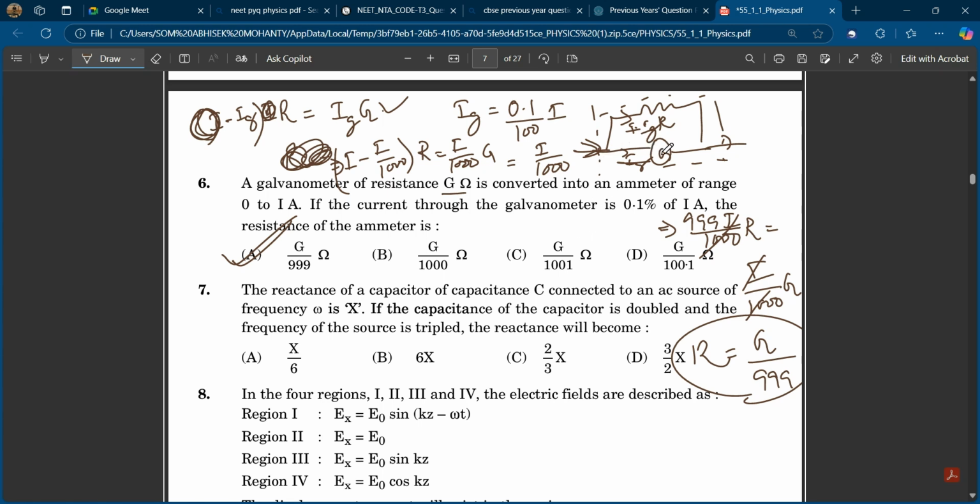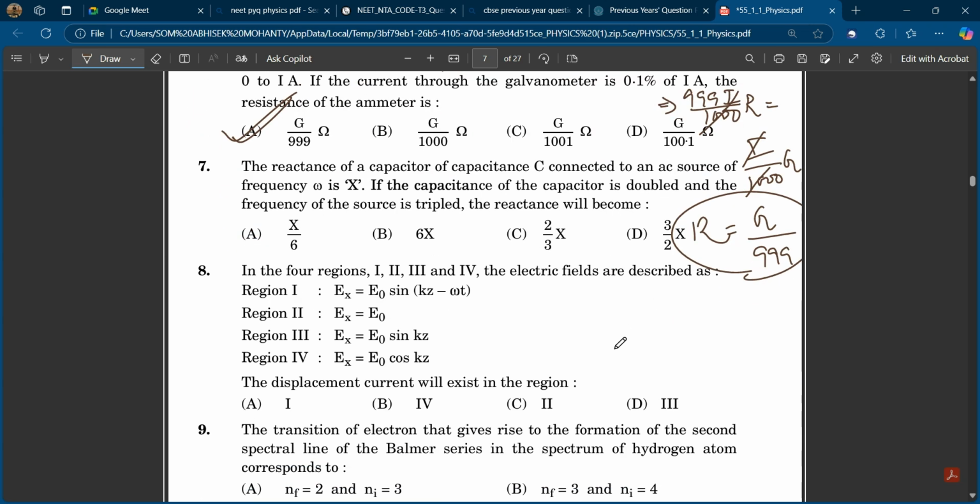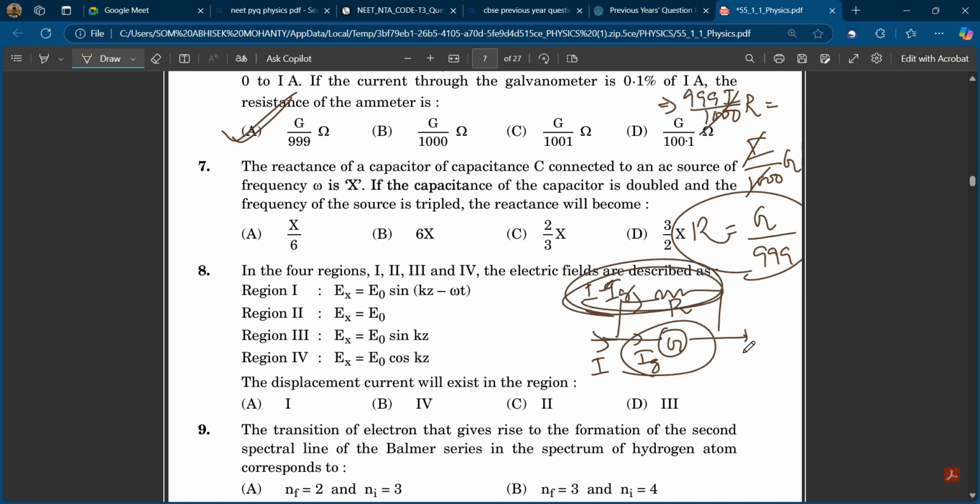You need to be first clear what an ammeter is. An ammeter is connected in series, but in the inner structure of an ammeter, there is a galvanometer and there is a parallel resistance with the galvanometer. This is your ammeter's inside structure. This is I, this is Ig suppose. So this would be I minus Ig. I wrote the equation as the potential difference across this should be equal to the potential difference across this because they're in parallel connection.